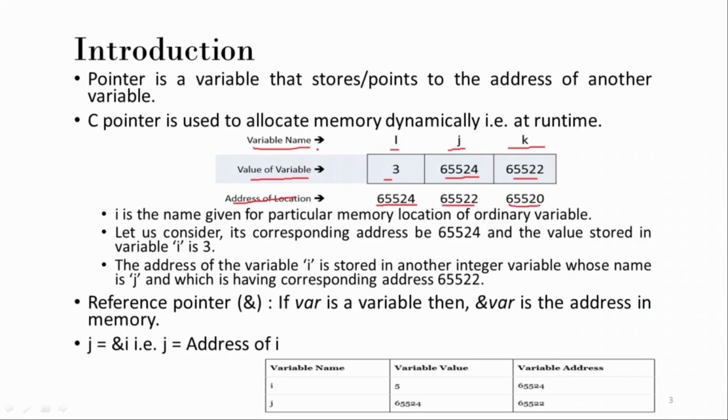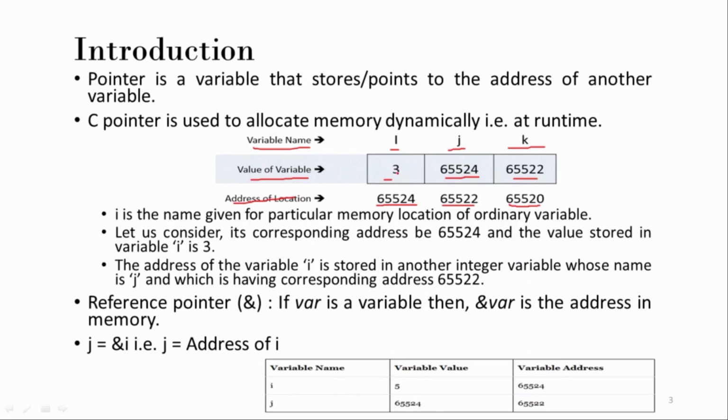So i is the name given to a particular memory location of an ordinary variable. Let us consider its corresponding address 65524, and the value stored in variable i is 3.